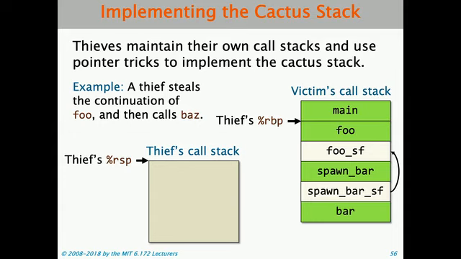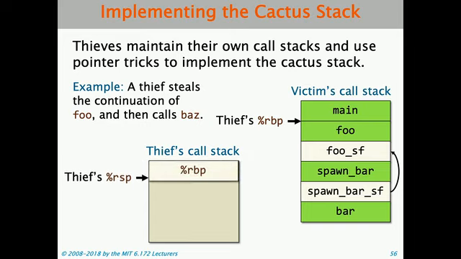And that is basically fine. The thief can access all the state in the function foo as offsets from RBP. But if the thief needs to do any function calls, we have a calling convention that involves saving RBP and updating RSP in order to execute the call. So in particular, if the thief calls the function baz, it saves its current value of RBP onto its own stack.